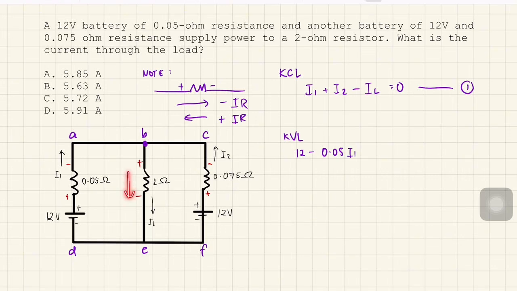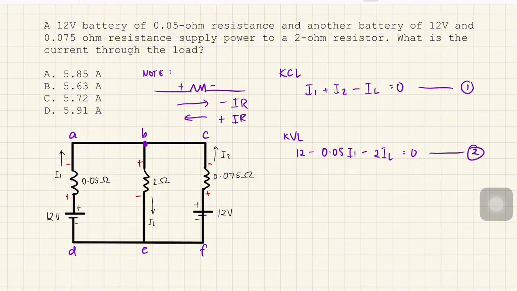Next, negative 2 IL equal to 0. So this is now our second equation.